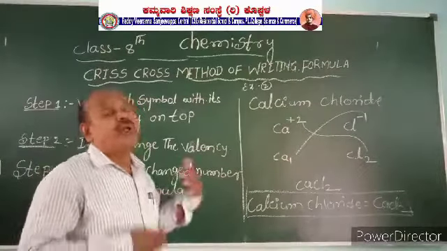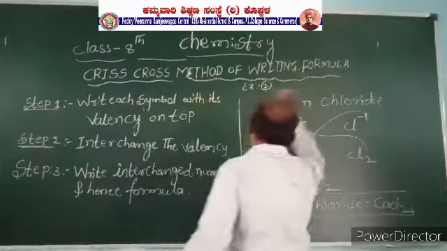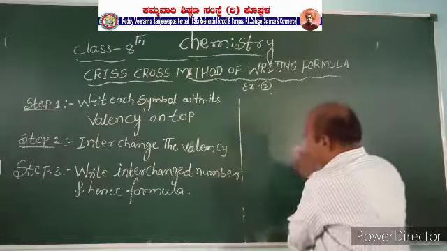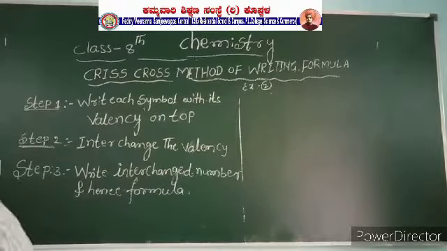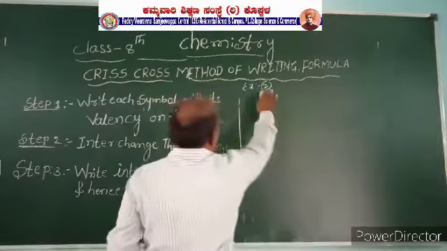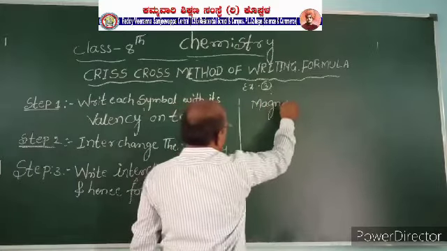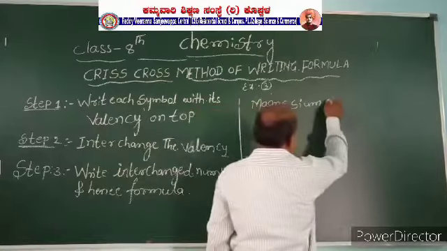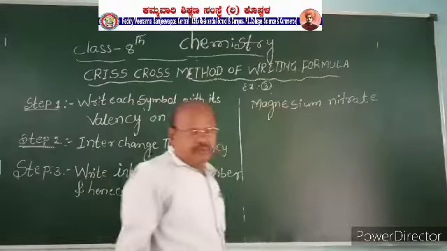This time there are some more examples. You take one more example to write the chemical formula. Example number 3: magnesium nitrate.